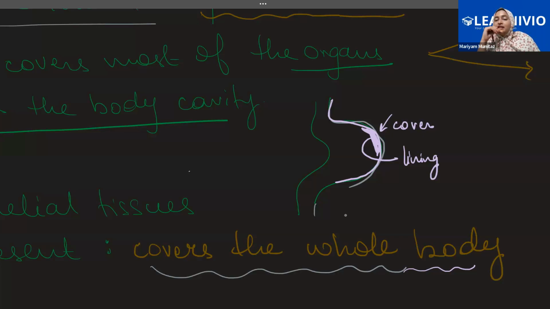And why am I teaching you this covering and lining? Because here in the tissue chapter, there are a variety of animal tissues that are covering the organs or covering the body. And then there are also many tissues that do not cover but line the organs.